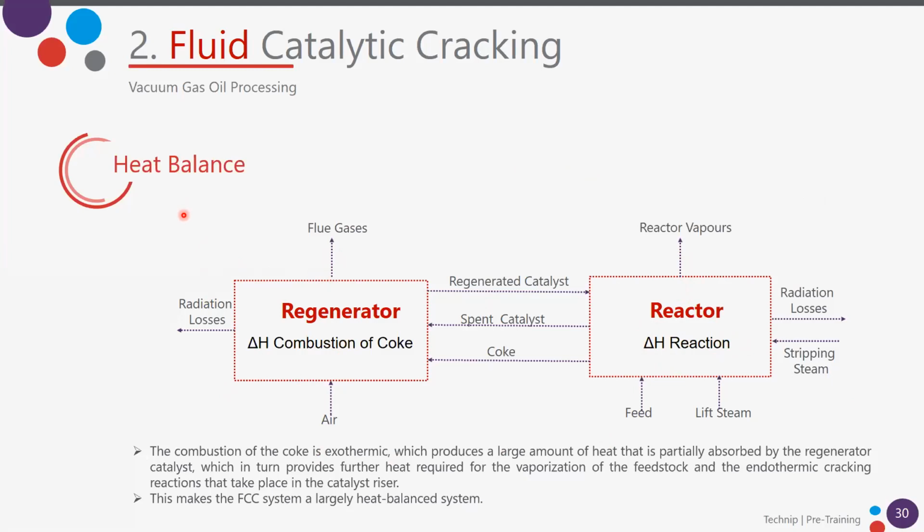When we see more details about the unit, we will make a heat balance in the reactor and the regenerator. Remember that you will have a lot of data for your system, temperatures, flows, and then you will be able also to make this calculation during the operation of the refinery.